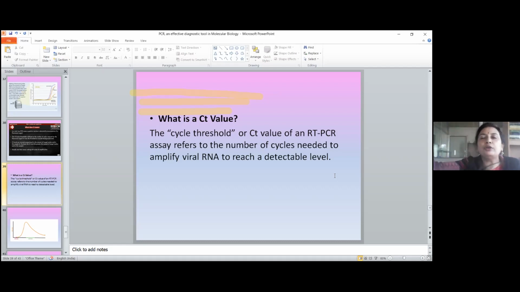Suddenly a fluorescence peak will be seen. In some patients having more viruses in their body, very few cycles are required to reach the detectable level. So after say 15 or 16 cycles, some patients may show sudden fluorescence. That means 15 cycles were sufficient to detect the virus.